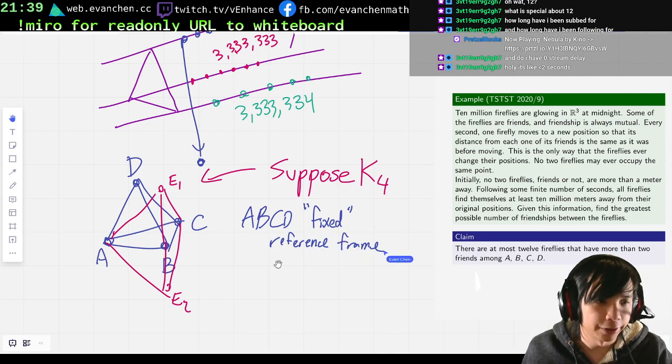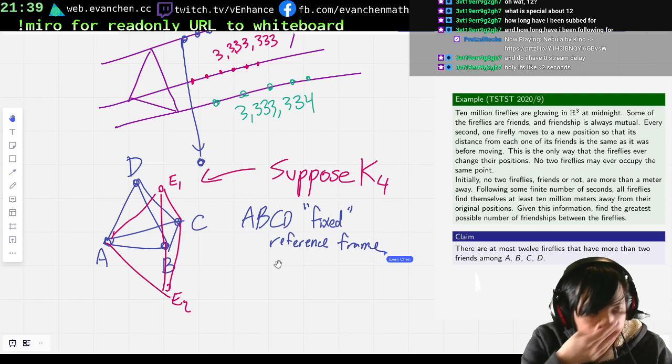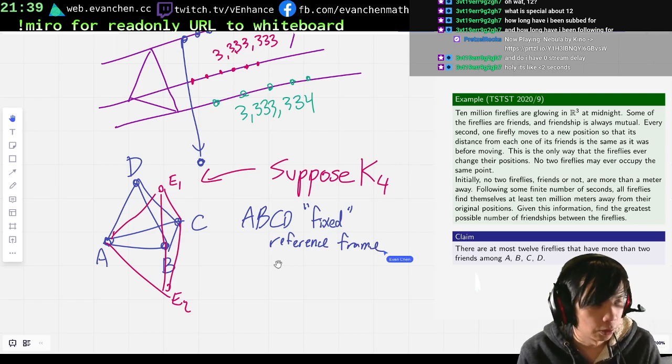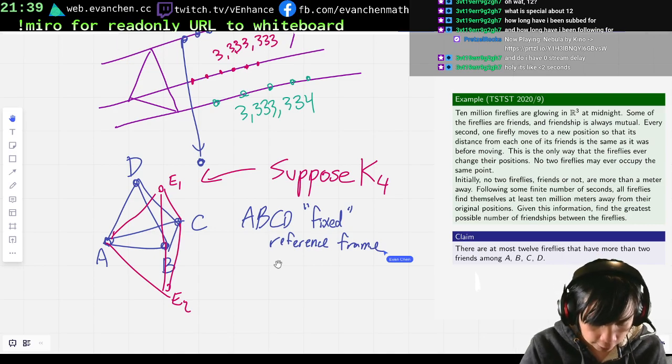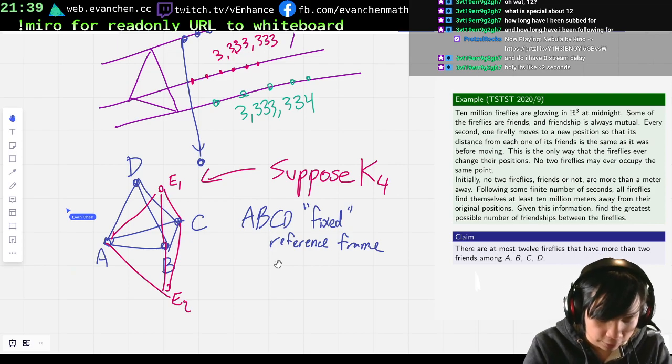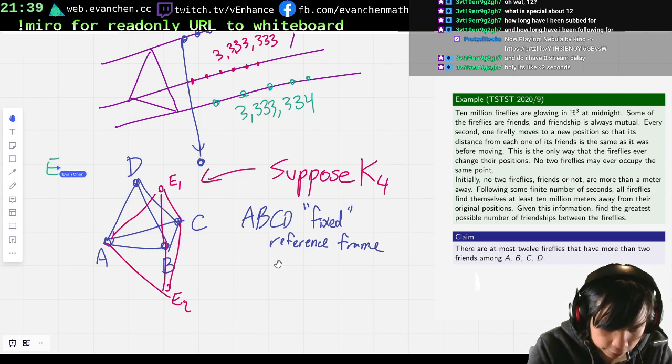I just pretend ABCD never changes. Okay, so what about this? First of all, I've assumed that E is friends with ABC. So this is, without loss of generality, E is friends with ABC.